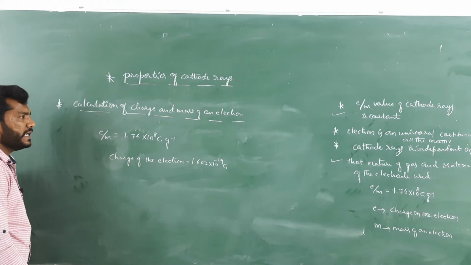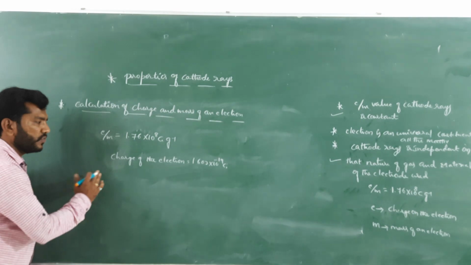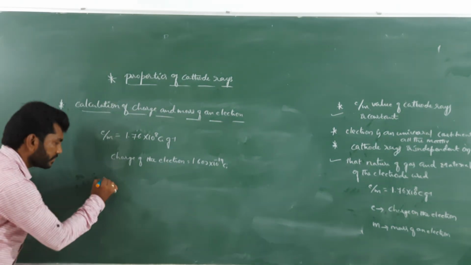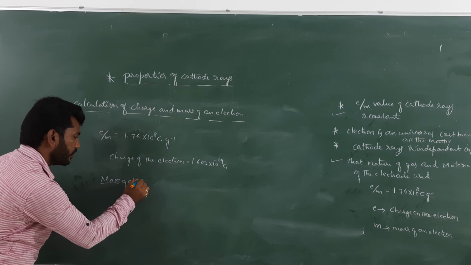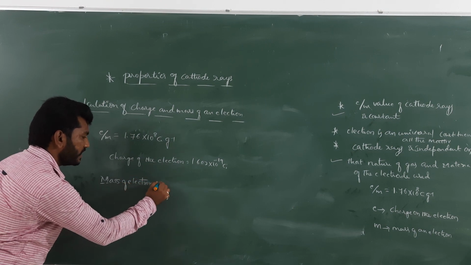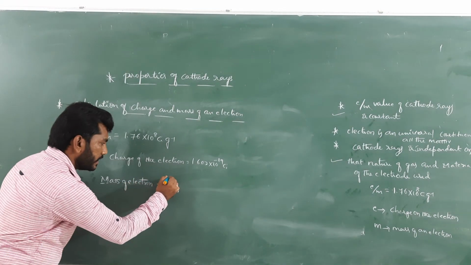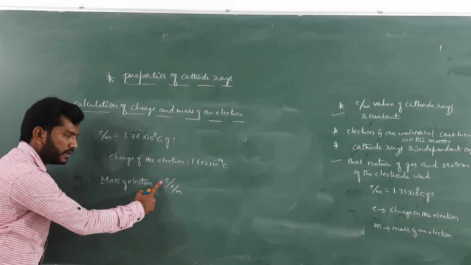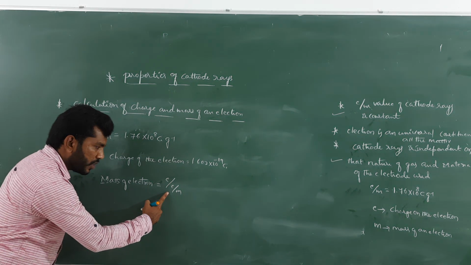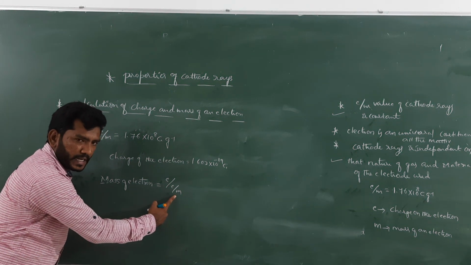If you want to calculate the mass of the electron, we have a formula: mass of electron equals the charge of the electron divided by the ratio of charge and mass, e/m.